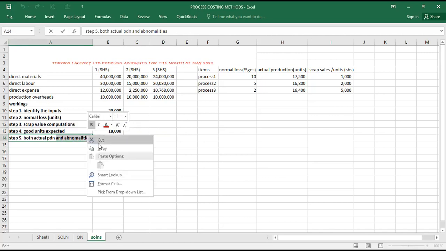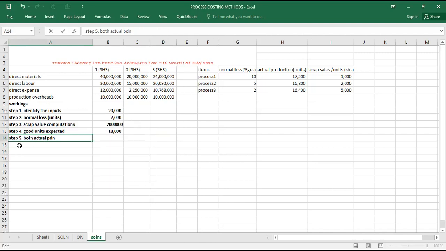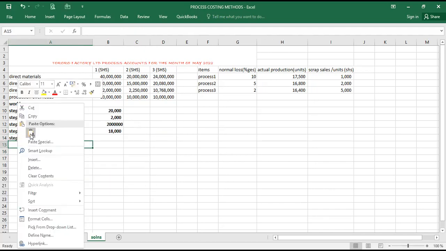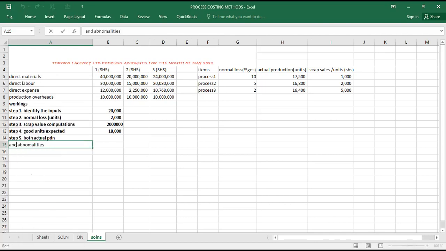We'll make another step here that is going to be handling this. We can put step 6, the abnormalities.